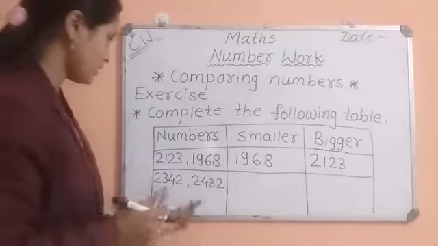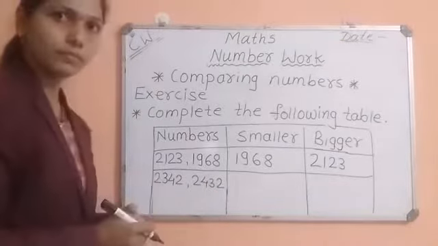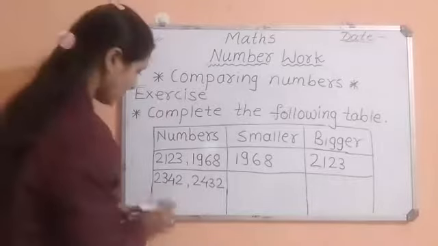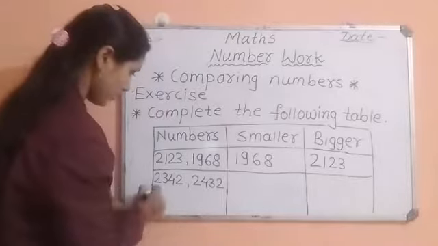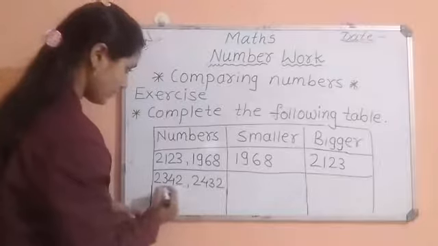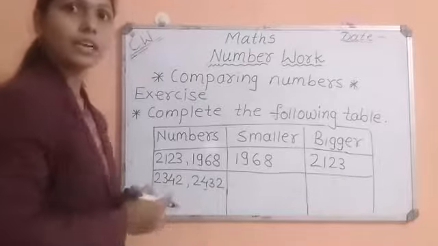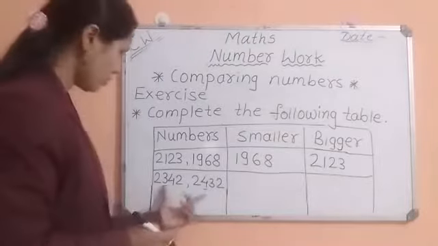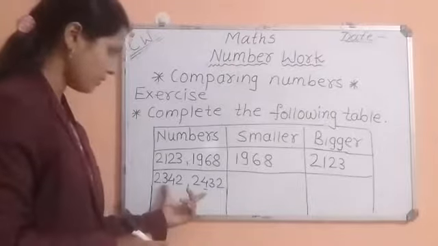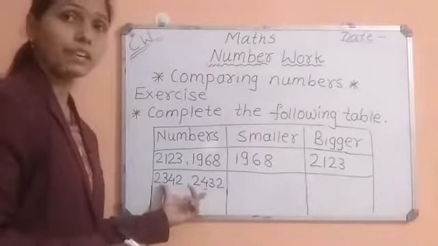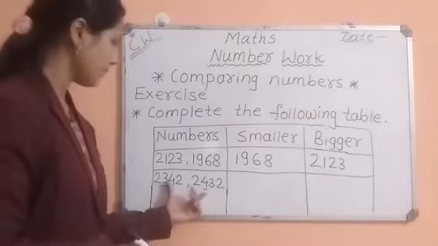Which number has greater thousand? Both numbers have the same thousand. So take the next place to compare, that is 100 place. So which number has greater 100?